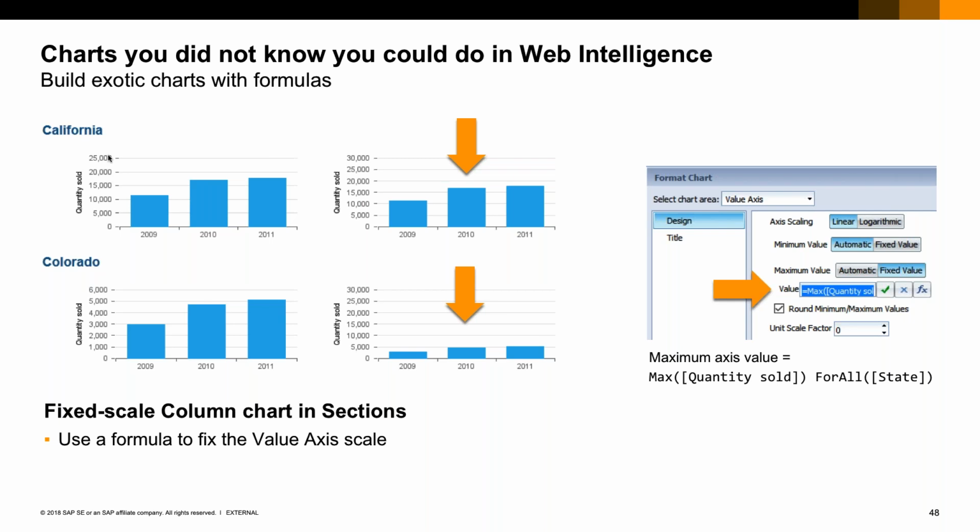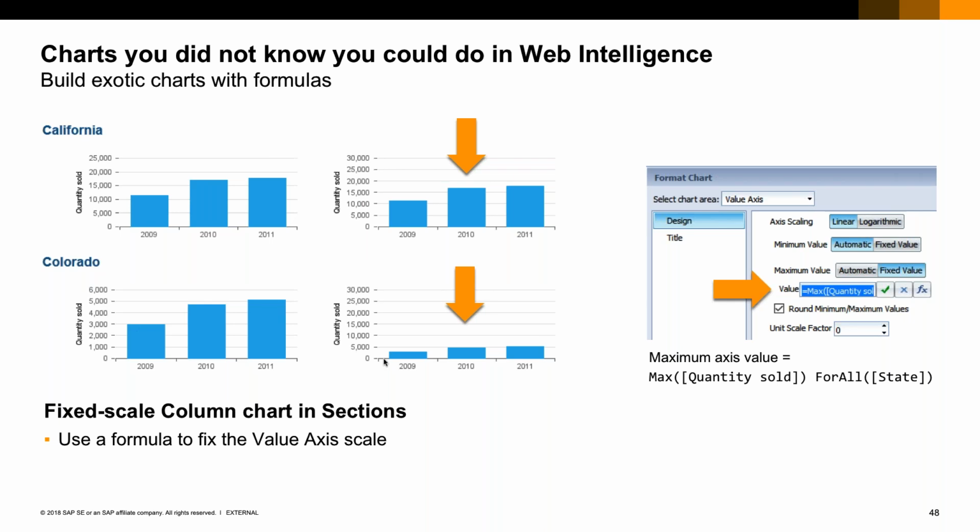For California and Colorado, if you have a quick look at the charts, they look very similar. But if you have a close look at the value axis on the left hand side, you can see they're very different. One of them goes up to 20,000, while the other one at the bottom for Colorado goes up to 5,000 only. So the values are really different.